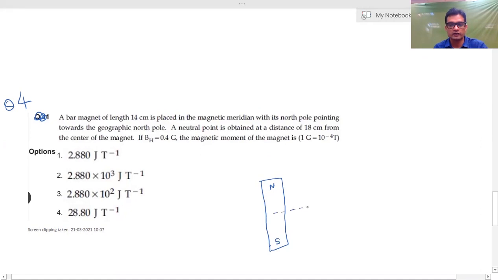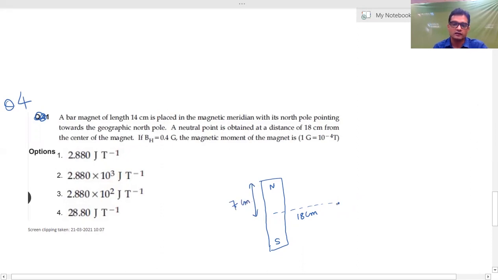The bar magnet is of length 14 centimeter, and a neutral point is obtained at a distance of 18 centimeter from the center of the magnet. This is the point where we get a neutral point. It means that here the magnetic field will be 0. This is the distance 18 centimeter, and this will be half of 14 centimeter, which is 7 centimeter.